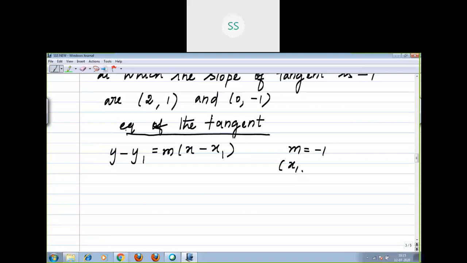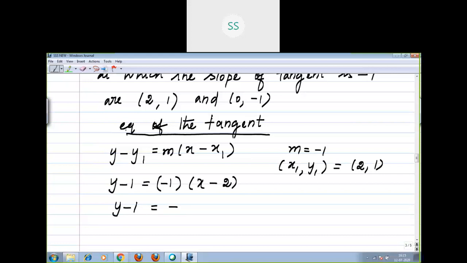Your x1 comma y1 is what? 2 comma 1. Right? That you are going to substitute here. y minus 1 equal to minus 1 into x minus 2. Now y minus 1 equal to minus x plus 2. Now you see y is equal to minus x plus 3.